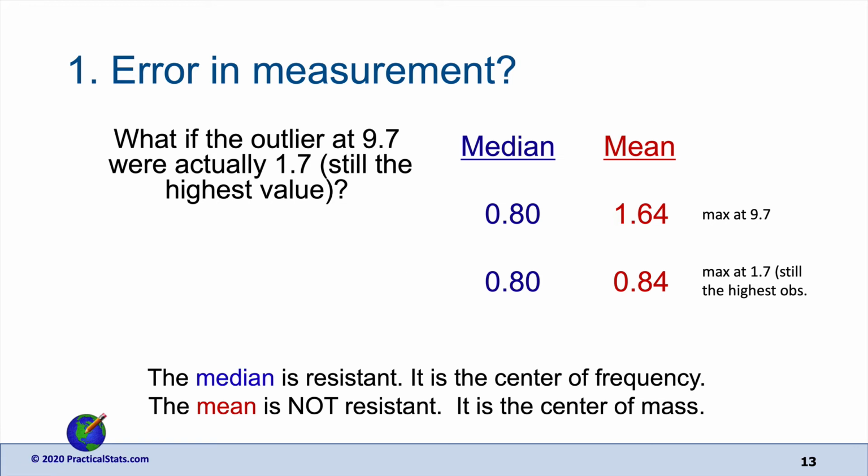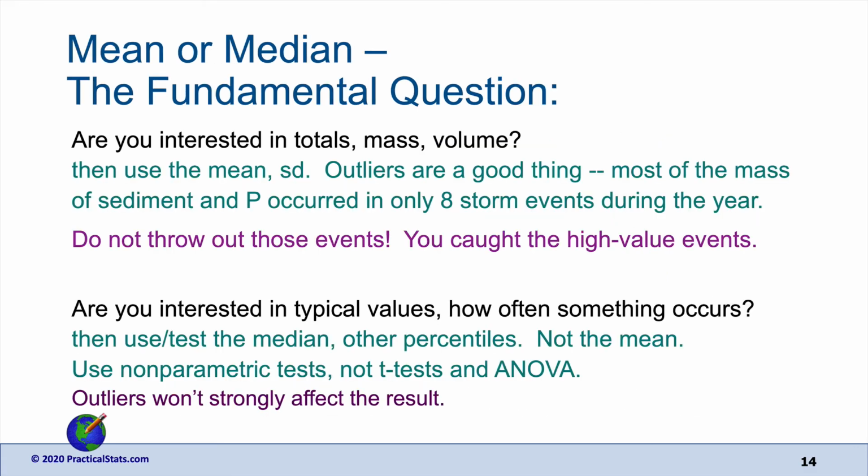So using statistics like the median, using tests based on percentiles, non-parametric tests, are ways of not throwing away the outliers, but not giving them a tremendous amount of influence on the outcome. So if you're really not interested in a mean, don't use a test on the mean. If it's a question of whether one group has higher values than the other, that's not a question that the mean answers.